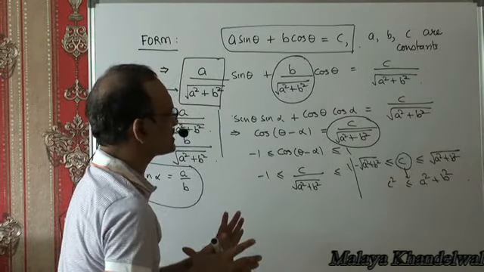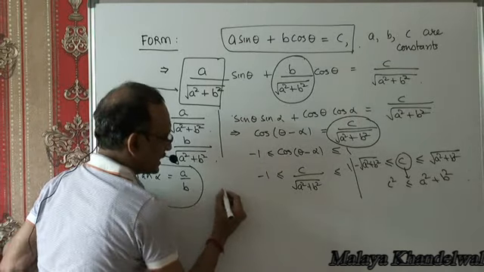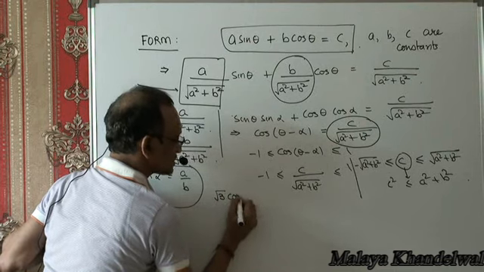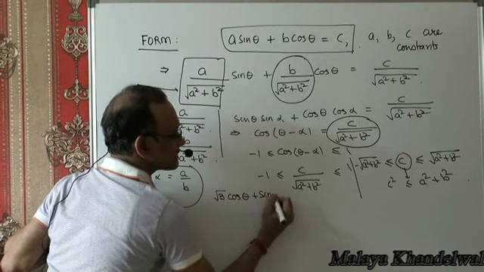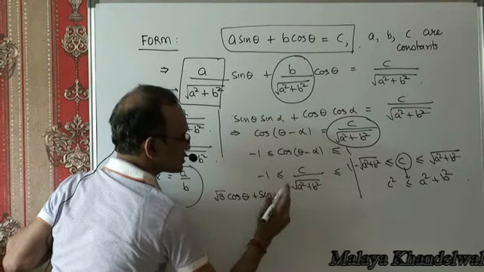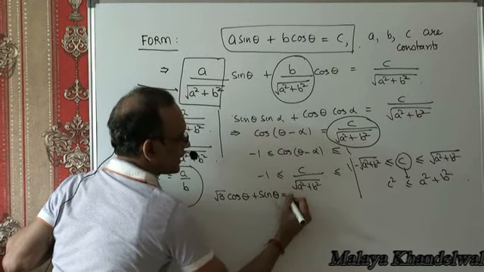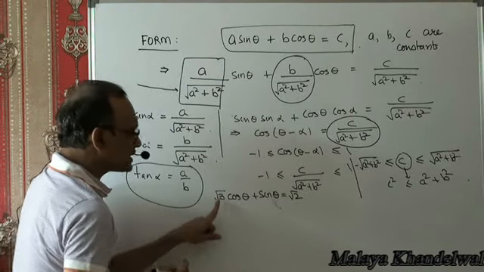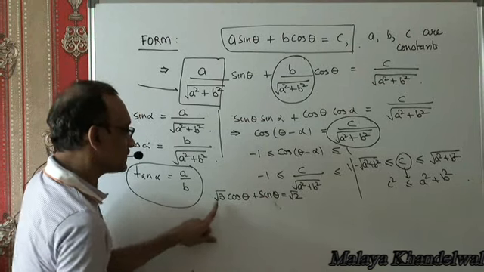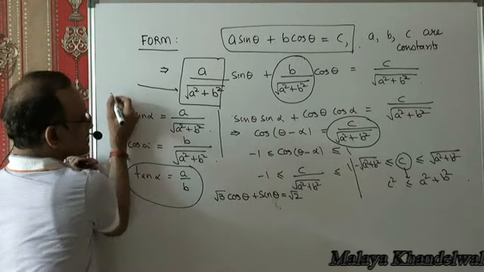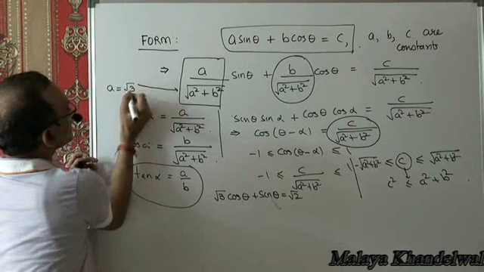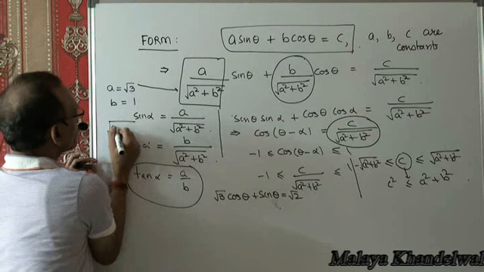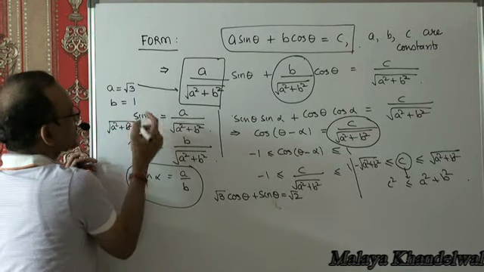So let me give you an example. Say root 3 cos theta plus sin theta equals root 2, and I want to solve this equation. Here a is root 3 and b is 1, so root a square plus b square is root of 3 plus 1, which is 4, so 2.